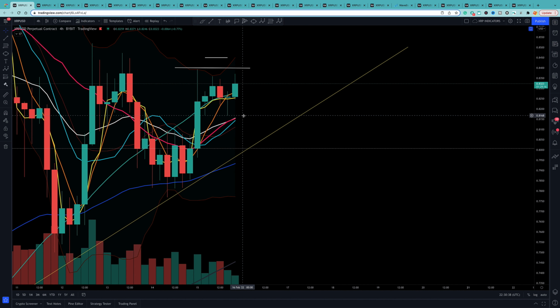Okay, and then you can see the battle of, here's the 20 EMA and MA, and here's the 10 coming up here. These are going to put a bit of force on, but not on the next 4-hour, maybe the one after it.